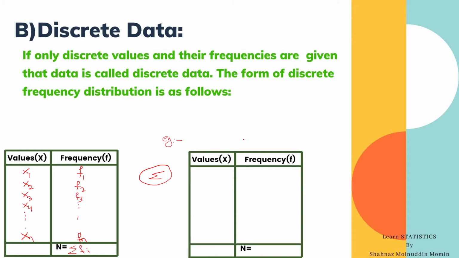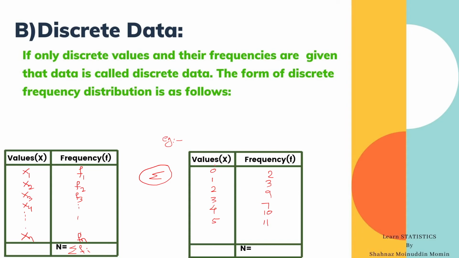Consider an example to understand the discrete data. Suppose we have given the values of x as 0, 1, 2, 3, 4 and 5, and their frequencies are 2, 3, 9, 7, 10 and 11.